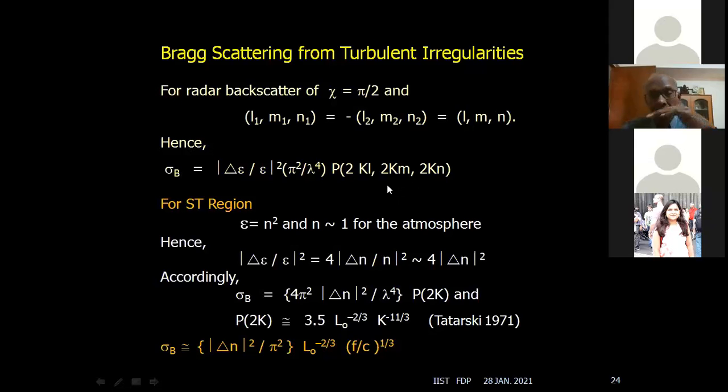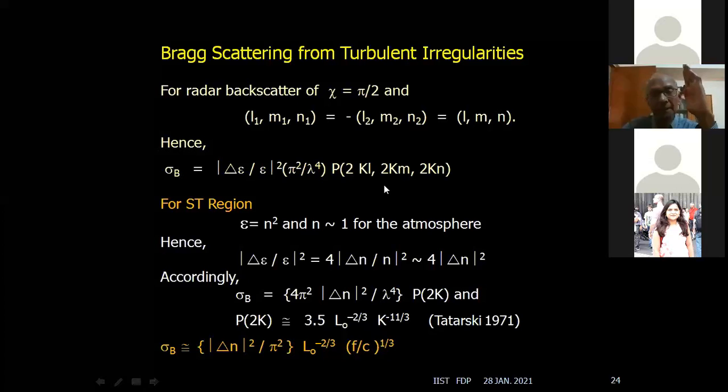The component, or the lambda over 2 component, when you are looking vertically up. The power in that Fourier component of the wave number spectrum. So this is a power spectral component corresponding to lambda over 2, where lambda is the wavelength of your radar.